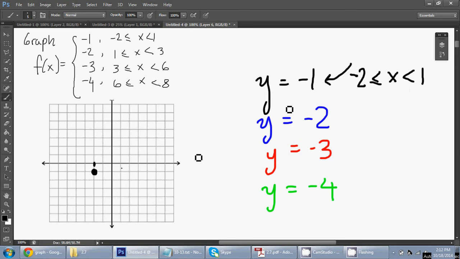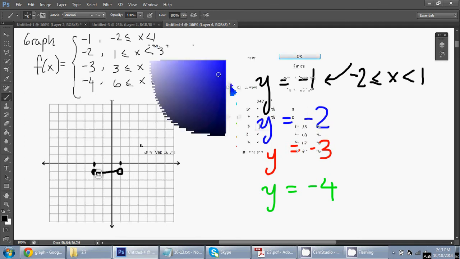It's only a less than sign. And then just draw the horizontal line between the limits. So that's what it looks like. That's the graph of y equals negative 1, but only between negative 2 and 1. So you can see negative 2 is less than or equal to x, and x is less than 1. So they've given you two conditions to graph at once.